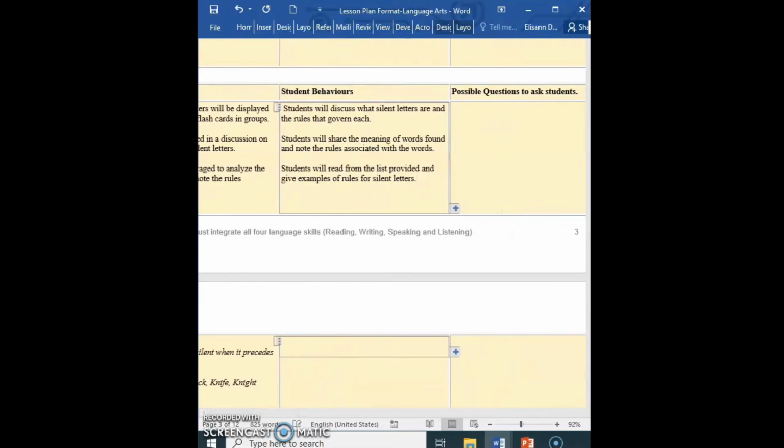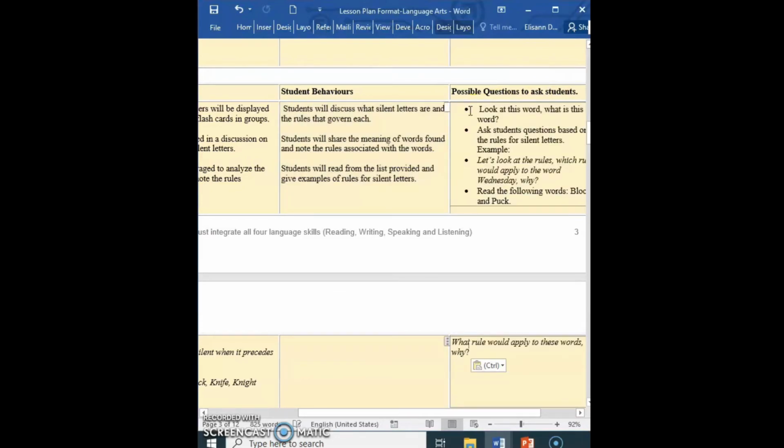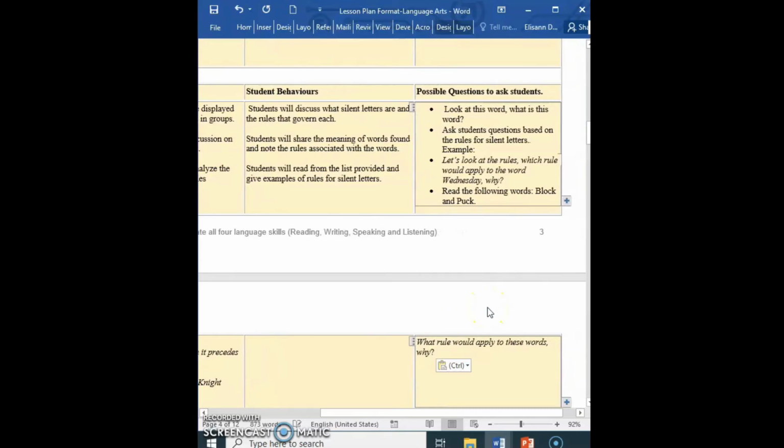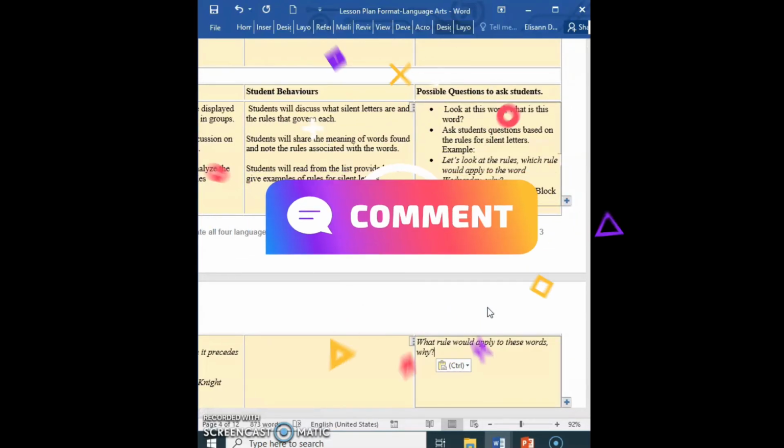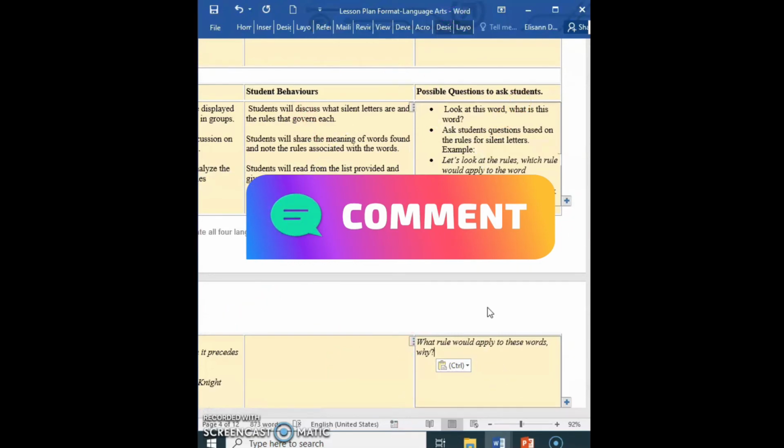Now, what are some of the questions that I want to ask my students? Because I want my students to be able to think critically about what exactly I am exposing them to. And of course, if you have any suggestions on questions or student behaviors and teaching strategies, you can always comment below. So I'm going to ask my students, look at this.